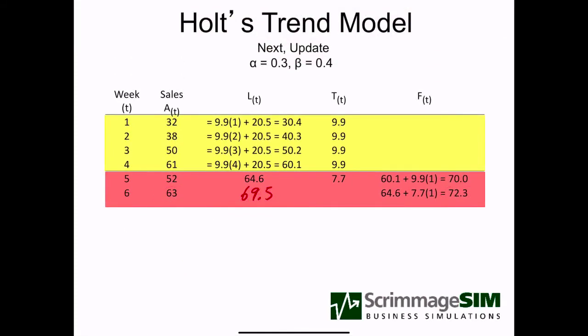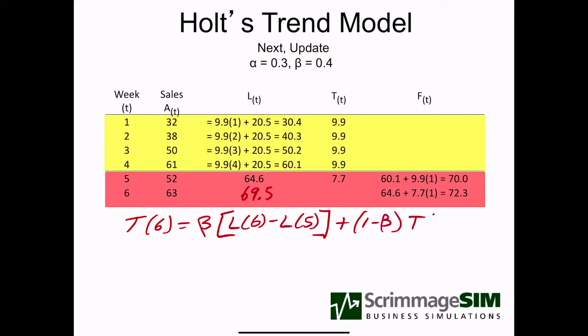To update the trend, we're going to use the formula T in period 6 is going to be equal to beta times the level in period 6 minus the level in period 5 plus 1 minus beta times the trend in period 5. Substituting in, beta is 0.4.